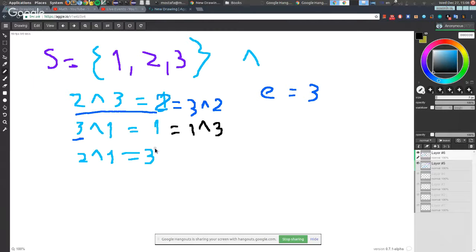And here, the 2 and the 1 are the inverses of each other. So this has to also be equal to number 3. If one of these is not true, then we break one of the axioms. The identity axiom will be broken if we don't have these two, and the inverse axiom will be broken if we don't have this equality here.